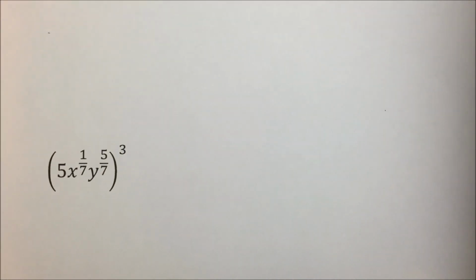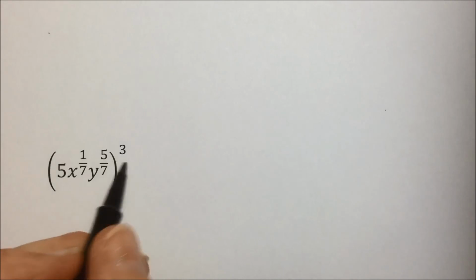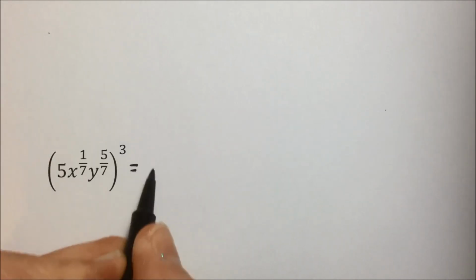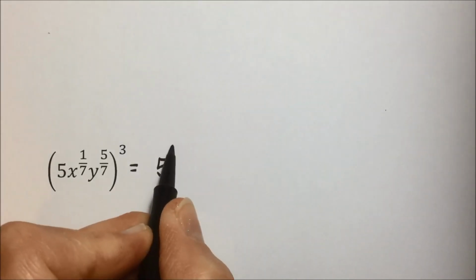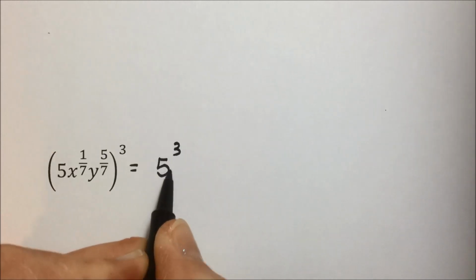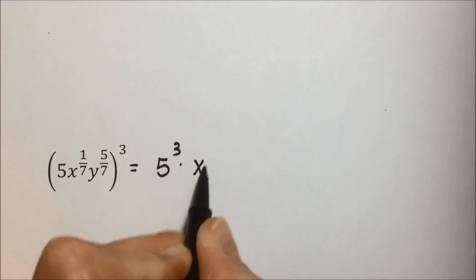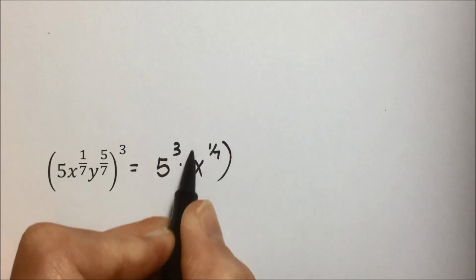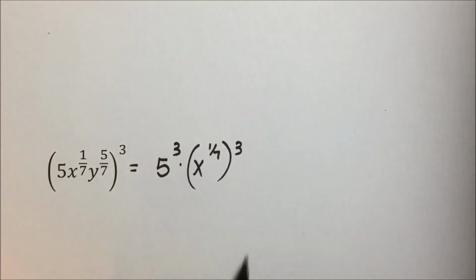In this last example, we have a product raised to a power, which means each of those factors is raised to the power. 5 is raised to the third power. x to the 1/7 is raised to the third power.